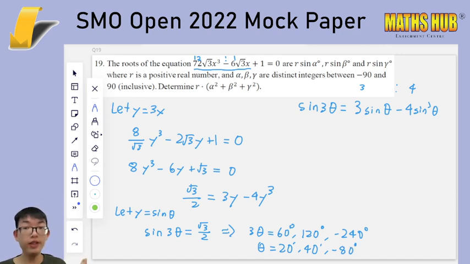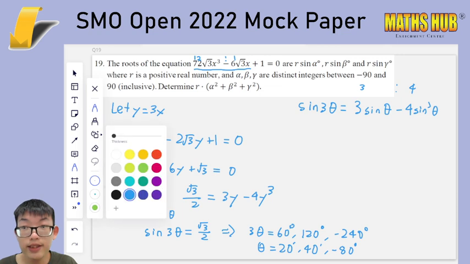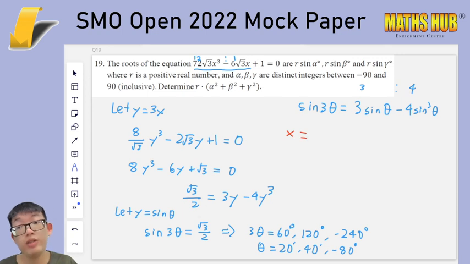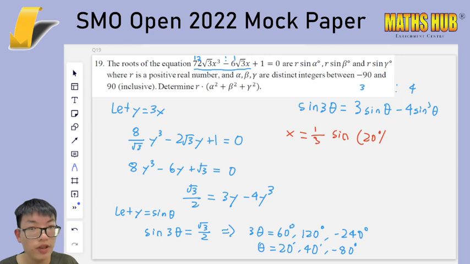Okay. Let's go back and deal with all the substitutions. Now it means that x is equal to 1/3 sine theta, which means that x equals either 1/3 sine of 20, 40, or negative 80, which I will just very informally write as 20, 40, negative 80. This is mathematically nonsense, but you know what I mean.